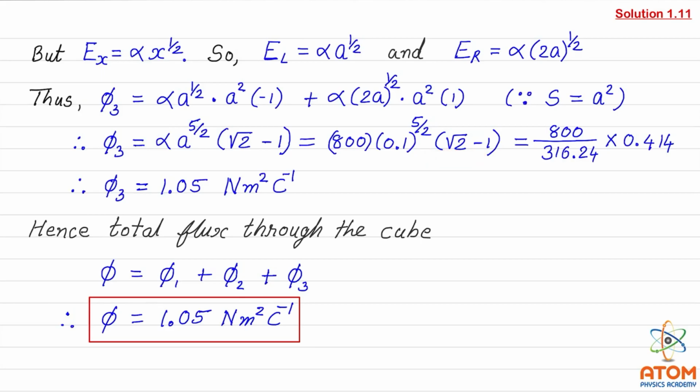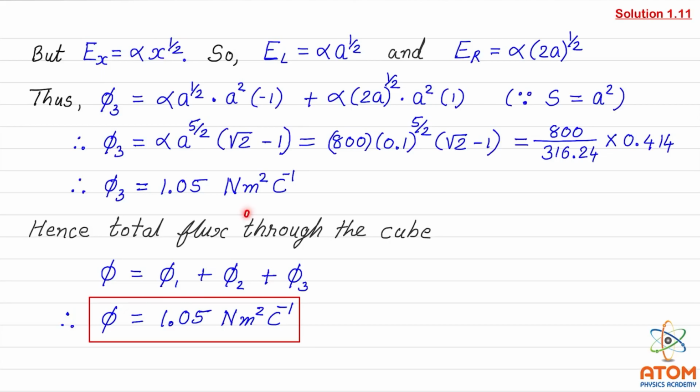Solving this further, 800 as it is, and 0.1 is 1 upon 10 raised to 5 by 2. So 10 raised to 5 by 2 will be 316.24 and root 2 minus 1 will be 0.414. Solving all of these terms, we will get flux phi 3 equal to 1.05 Newton meter square Coulomb inverse.